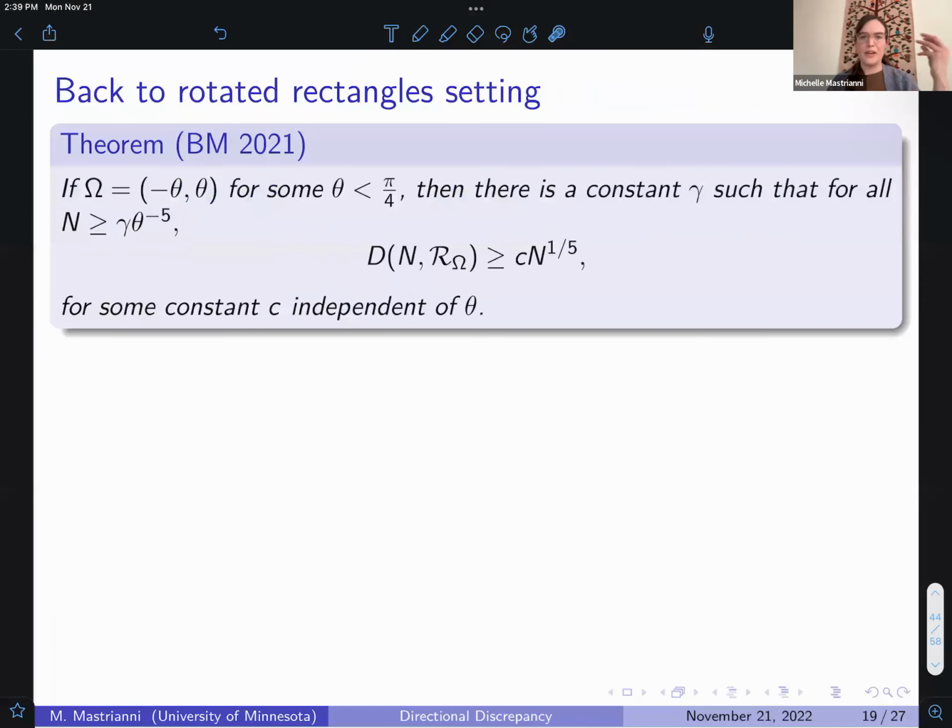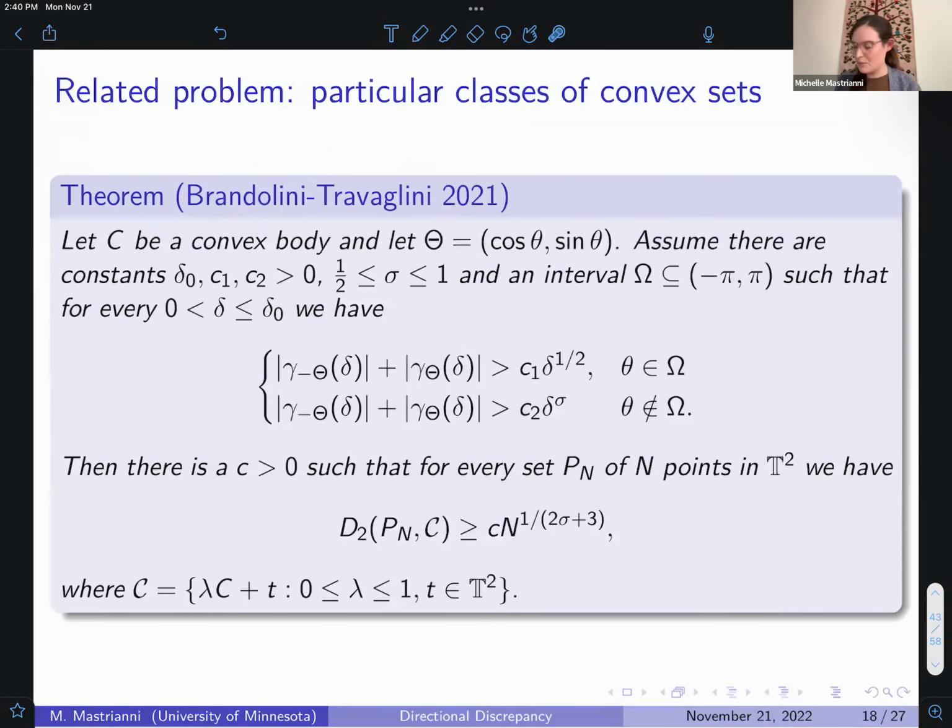And so if we go back to our setting of rotated rectangles, this has some similarities with the setting for convex sets, because in the setting of rotated rectangles, we're looking at all translations and dilations. And we're also looking at rotations within some kind of restricted interval.